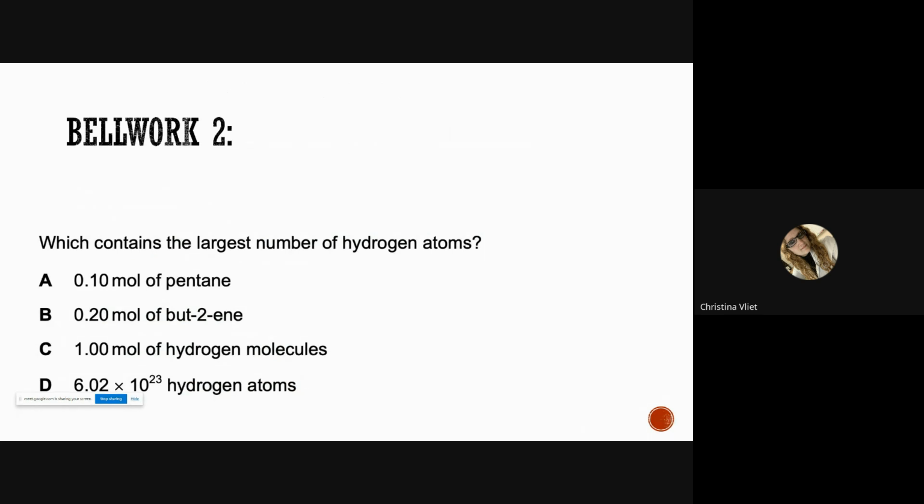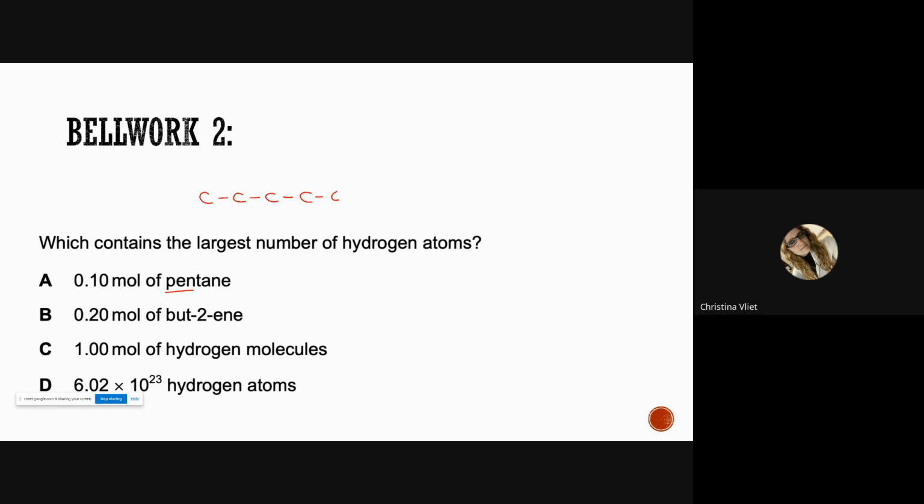You at least have to know pent means how many carbons? 5. So if there's 5 carbons, how many hydrogens do you need to draw around those 5 carbons? It's 3 on the outside and 2 on the inside.